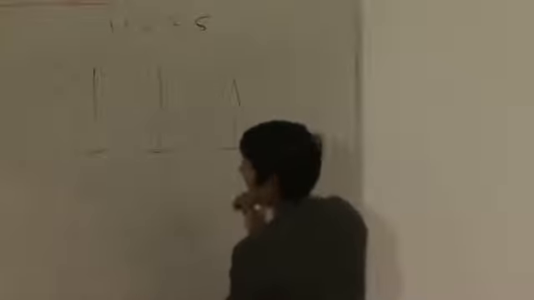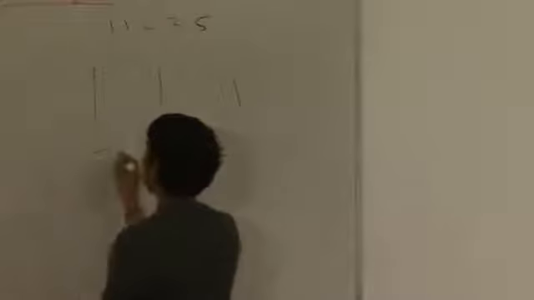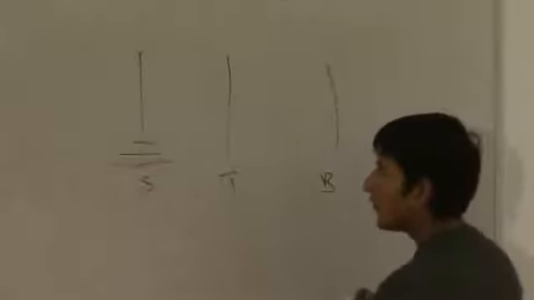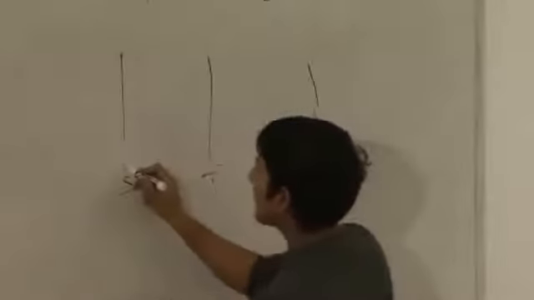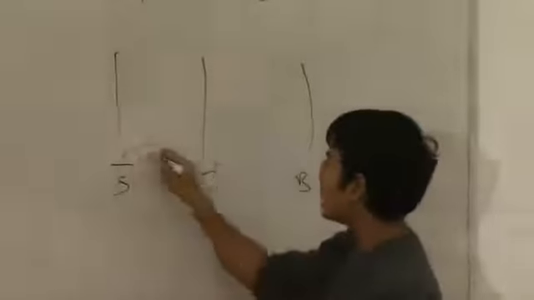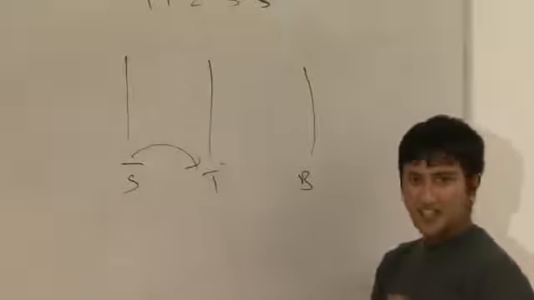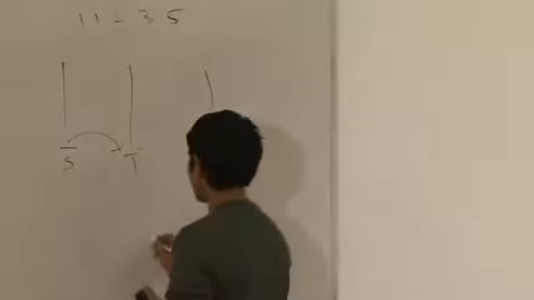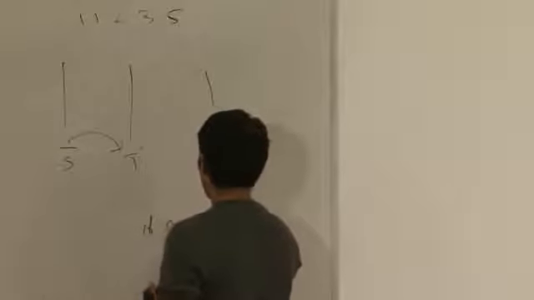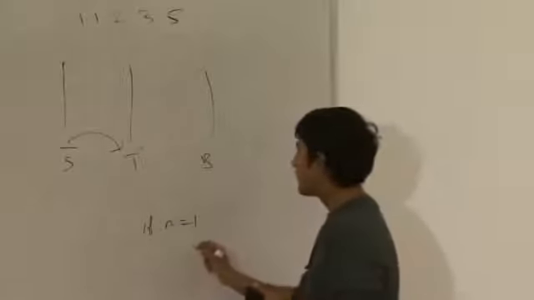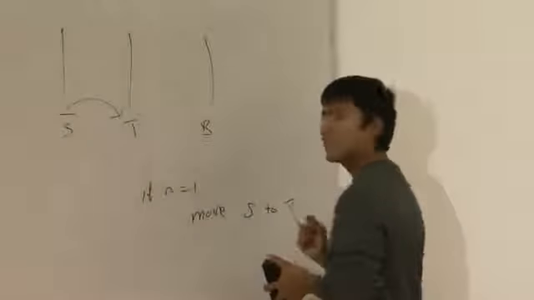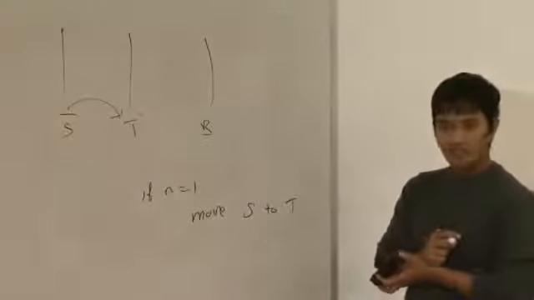Okay. Let's think recursively. Source, target, buffer. Suppose we have only one disk. Then you can simply move it to target. Okay? So our condition is if there's only one disk, just move it to the target. So if n is equal to 1, we always move source to target. Okay?